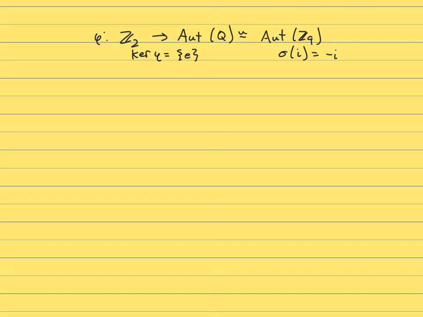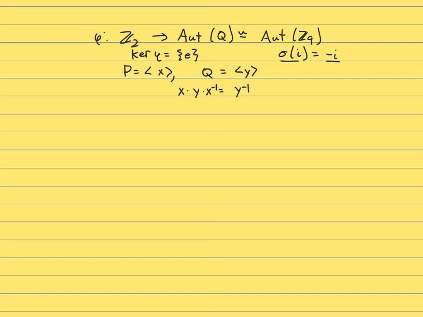So we'll let P be generated by X. Q is generated by Y. This automorphism then tells us that X times Y times X inverse is Y inverse. Because that's what this automorphism is doing. It has order 2.